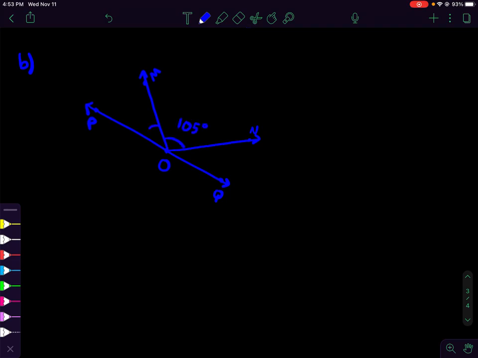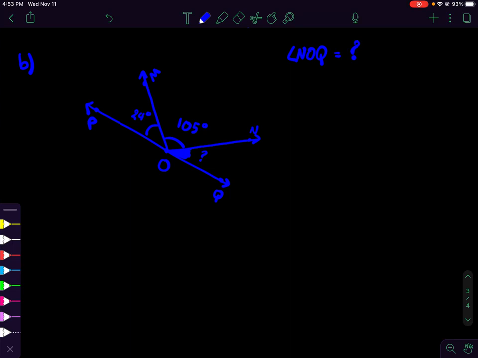This angle is also given and is 24 degrees. So the question is asking, what is the angle NOQ, which is right here. NOQ. So I put a question mark.